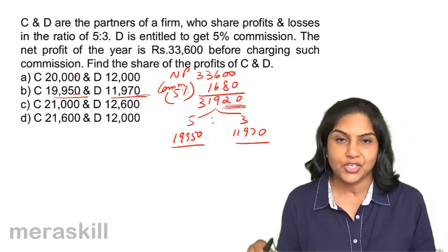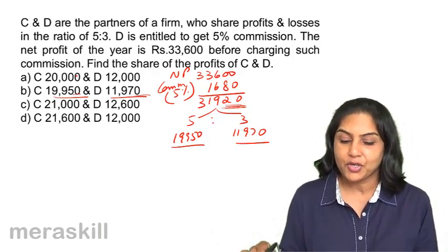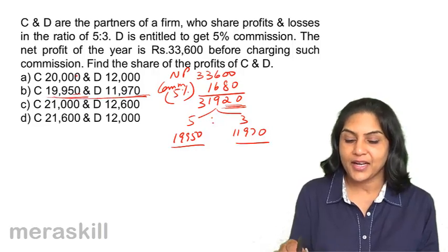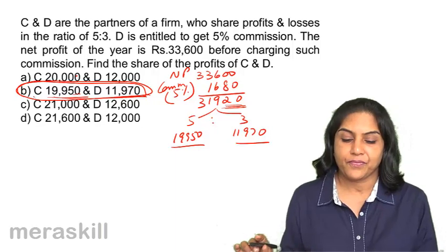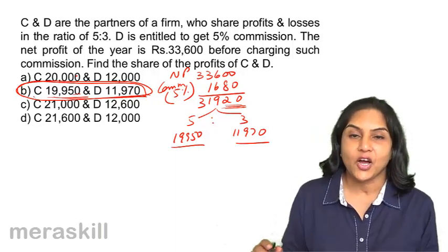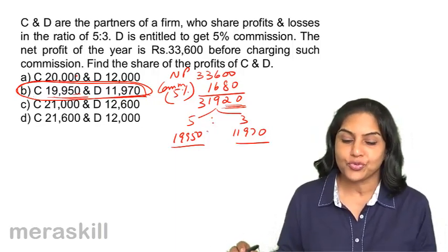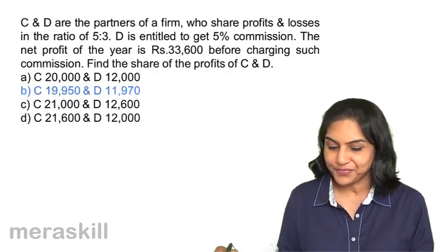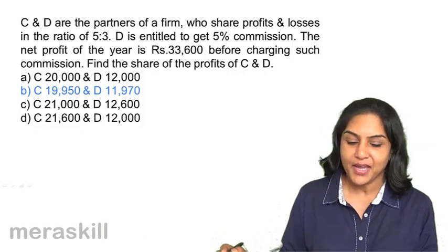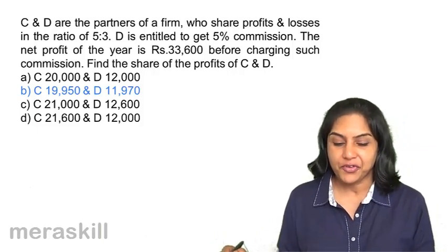So once you reach here, in case you're short of time, you could always directly know this option. Sometimes these options are very obvious. We may not have to go through the entire computation. That is entirely up to you. Correct answer B, C 19,950 and D 11,970.